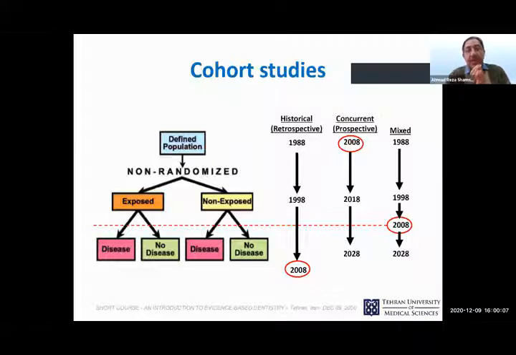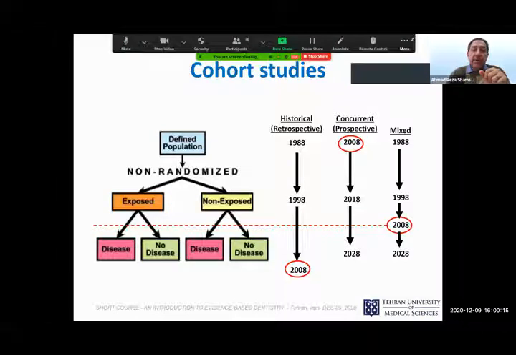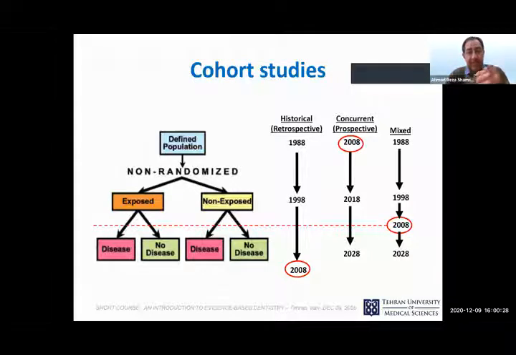The next one is concurrent cohort studies, or sometimes called prospective cohort studies, in which after starting the study, the participants are gradually evaluated and eligible participants enrolled in the study, and the measurement of exposure is held by the researcher, and then they are followed for a specific time and their outcomes are measured by the researcher.